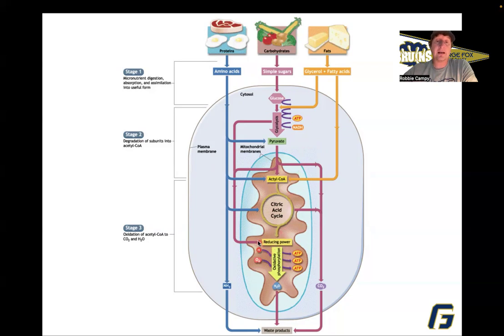You're going to actually see them highlighted down here in the mitochondria. So we are producing hydrogens. If we have no place to put those hydrogens, we're going to bind them to pyruvate. It's going to form lactic acid, and then your body's going to say, let's get it out of this cell so this cell doesn't become too acidic.